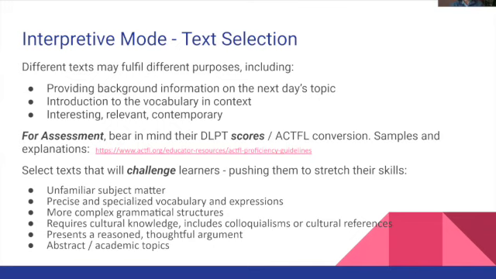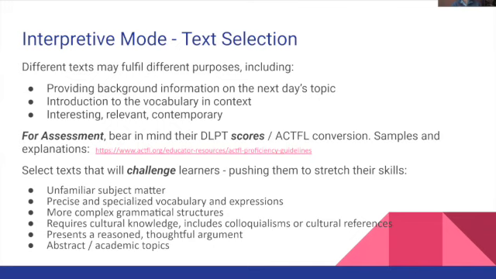So you might choose texts to give to students just because they give background information on the next day's topics. I know that the students really appreciate all of the learning that they do about current events and Russian history and culture through those readings. So if you're just giving them background information, that's a great reason to select a particular text. You might also select a text just to give them an introduction to the vocabulary and context.